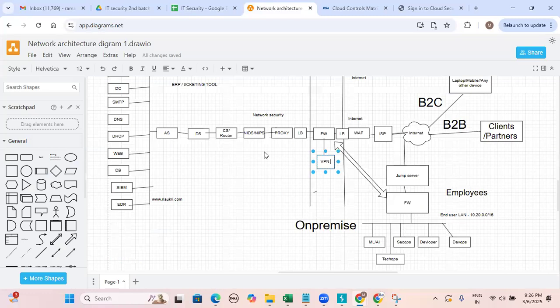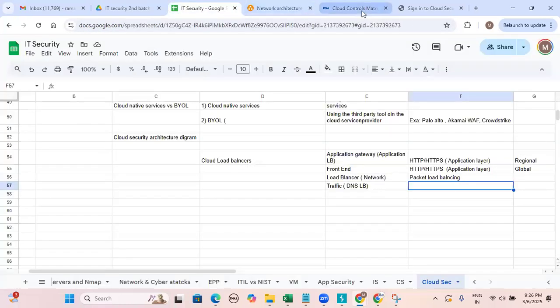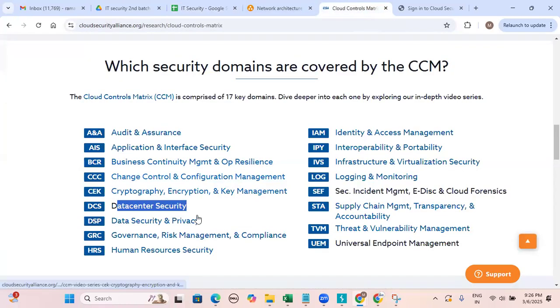We have to maintain the data center security also. We should not allow everybody to enter the data center side. For that, you should implement a couple of physical security controls also. That's why data center is mandatory. It's dedicated only to the combination of the hybrid environment, like on-premise and also cloud environment. For those reasons, data center is also important.